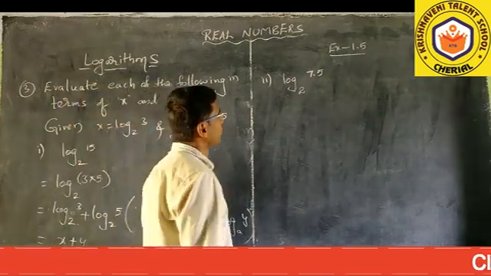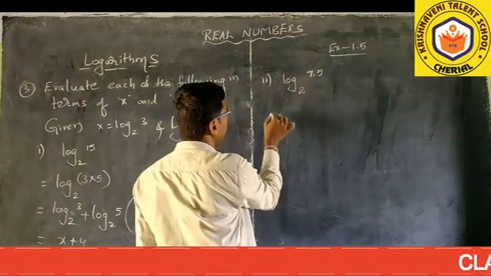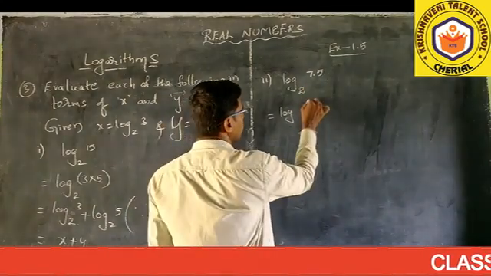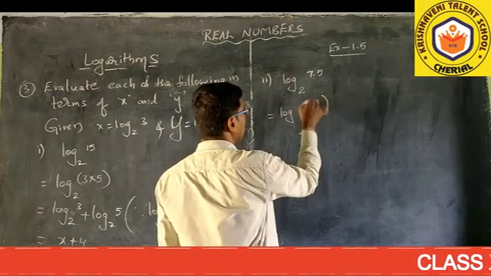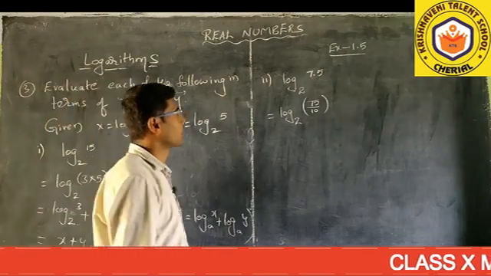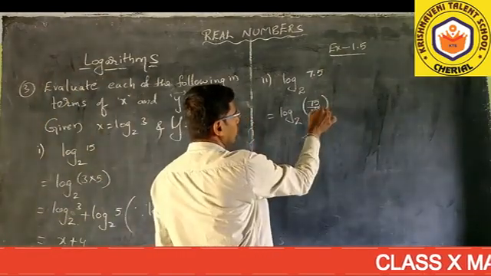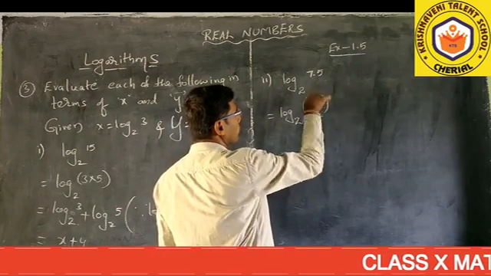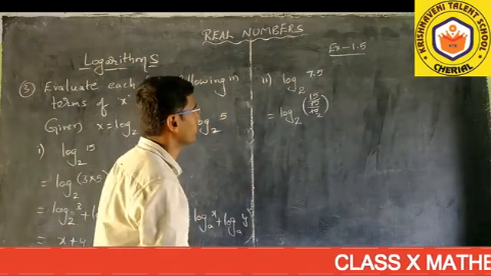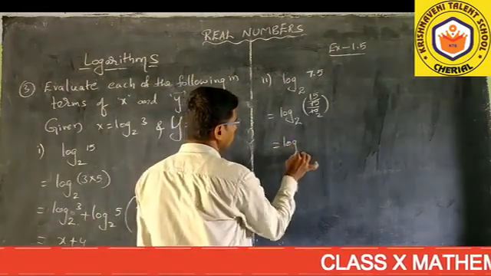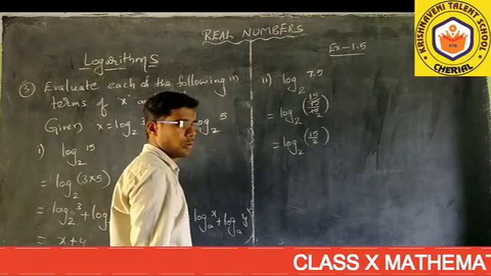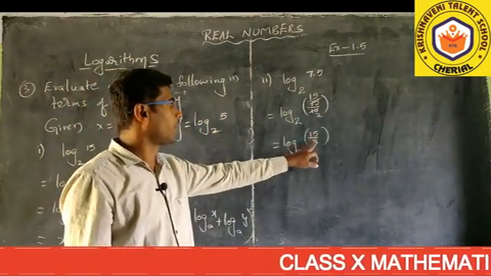Let us see, log 7.5, how can I write 7.5 now? It is in decimal form, so I write it as 75 by 10 to the base 2. 75 by 10: 5 twos are 10, 5 ones are 5, 5 fives are 25, so 15 into 5 is 75. So it equals log 15 by 2 to the base 2.